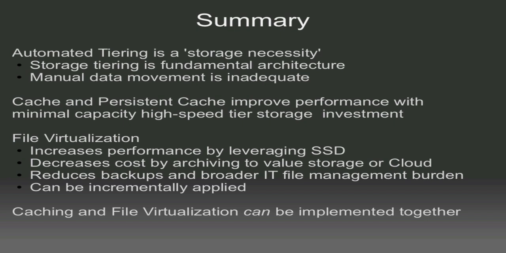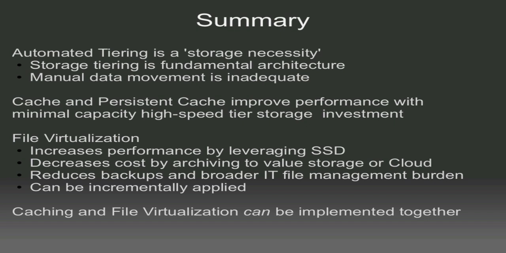Maybe more importantly, it can reduce backups and it really addresses the broader IT file management burden. Finally, it can be incrementally applied. It's not a put-this-huge-investment-in. You can start, as I said earlier, with just the SATA-based storage and then move up to SSD or the other way around.